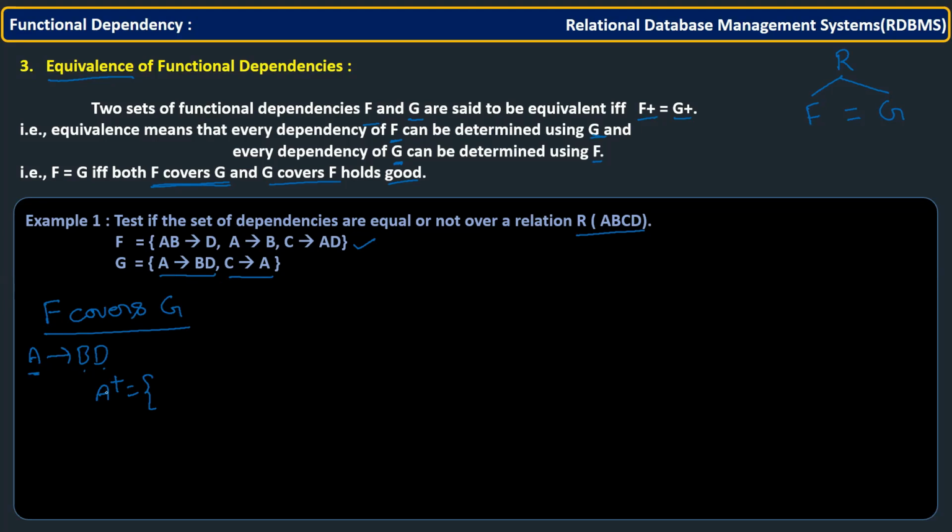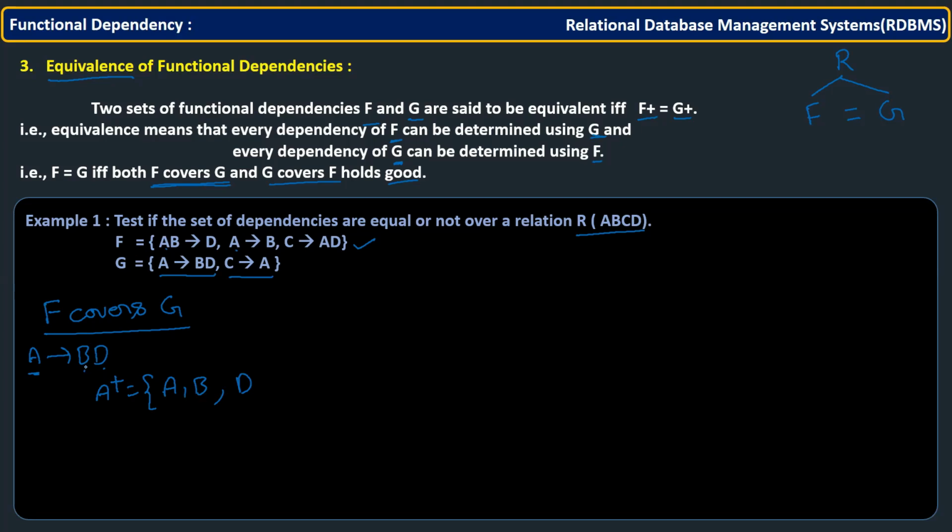So if I find A closure by using the FDs of F, A deriving B gives A, B, and then A, B deriving D. By using F we are getting D. Whatever else it is deriving, we are not bothering.